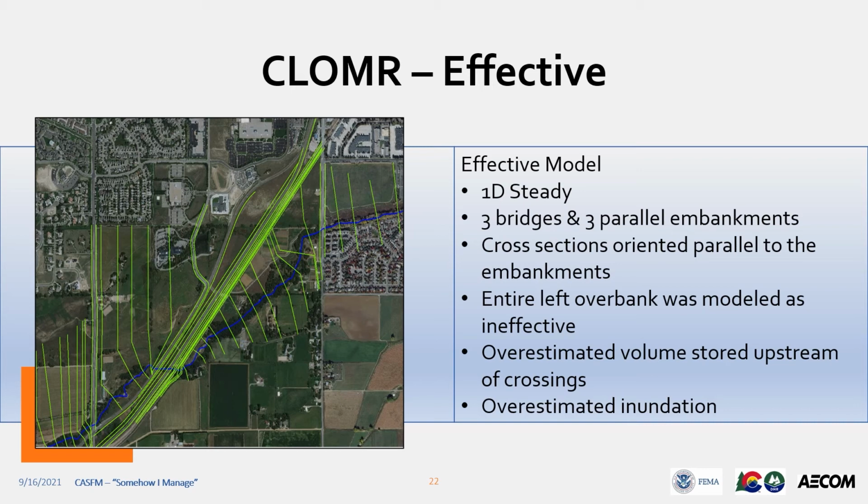As you can see, these cross-sections are very long, and modeling the entire left overbank as ineffective overestimated volume stored upstream. This essentially assumed that there was no overtopping of flow over the roadways. These generally were pretty conservative assumptions, which ultimately overestimated the 100-year inundation throughout this reach.